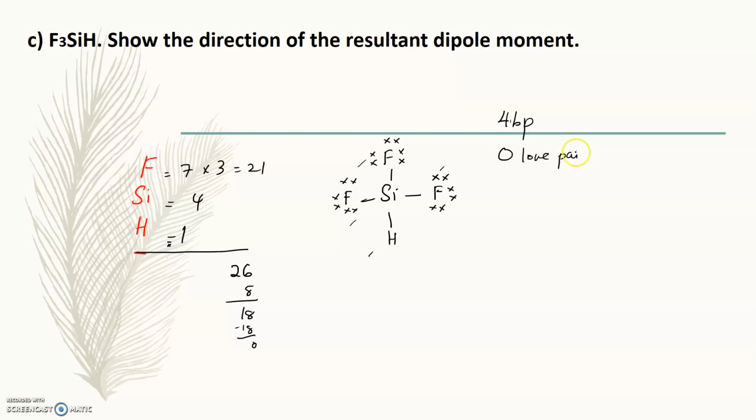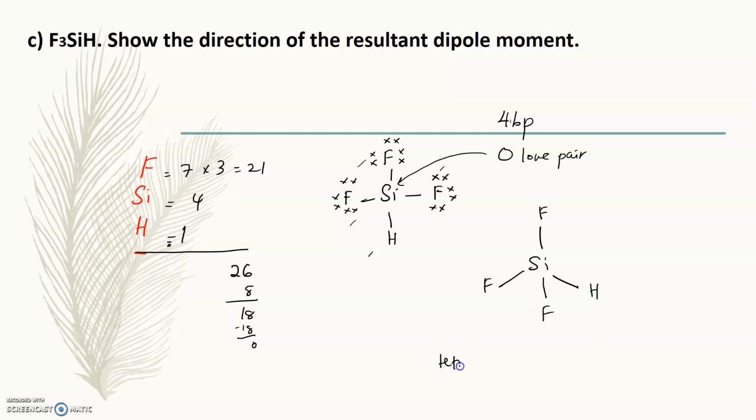Untuk tentukan geometri, kita fokus lone pair pada central atom saja. Okay, dengan berapa atom yang bonded towards central atom. Okay, or how many bonding pairs. So the geometry is 1, 2, 3, 4. All atom bonded, okay, towards silicon. So the geometry is tetrahedral.